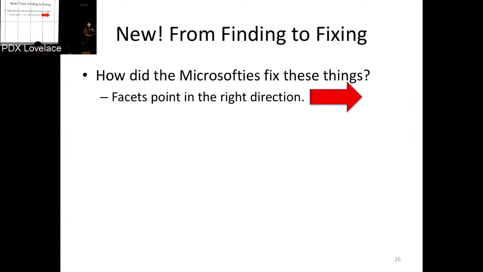So all right, you find all this stuff, but how do you fix it? How did Microsoft fix these things? Well, it turns out that the key is in these facets. So you're doing this thing and you're saying, Abby's not going to push and poke at things. She's looking for a process to follow. And so that's why she's not going to do it. And so then that leads you to say, duh, why don't we make the process clearer?